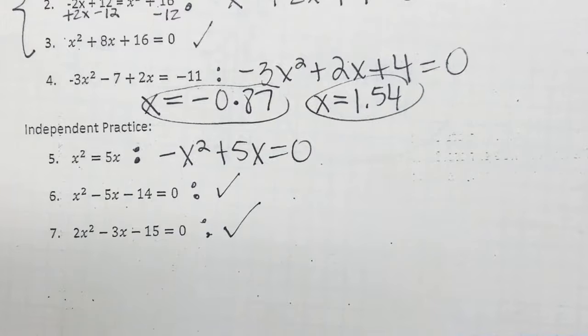Good. I want you to do 5 through 7 on your own, and then we'll go over the answers together, okay? Finding the x-intercepts for each one. You can use your calculators on all 3 of these. That's fine. You can still find them, do the same ones. Some people don't like that.